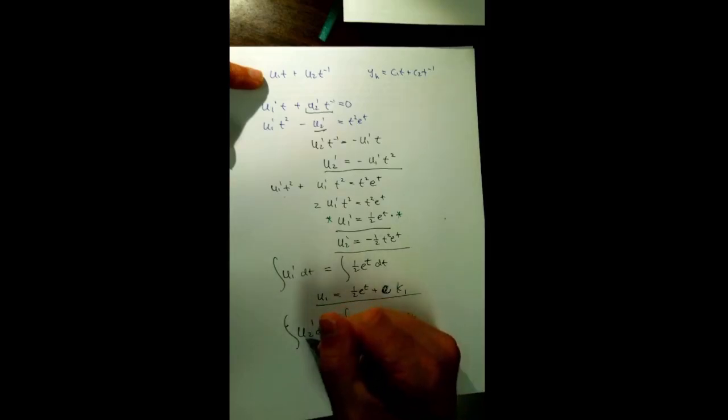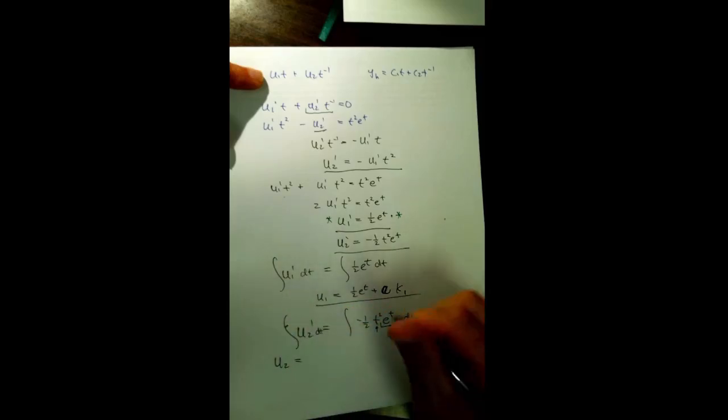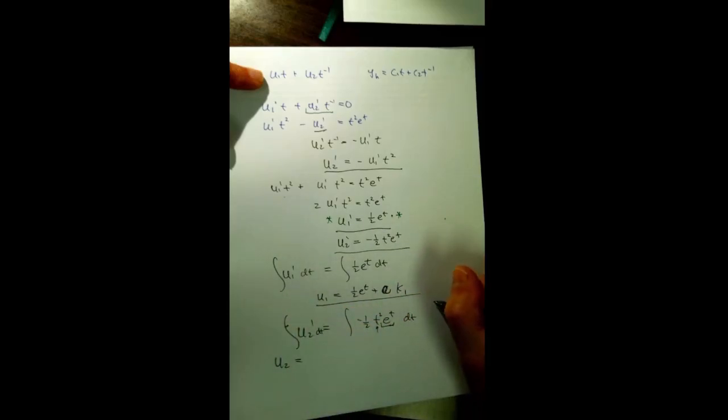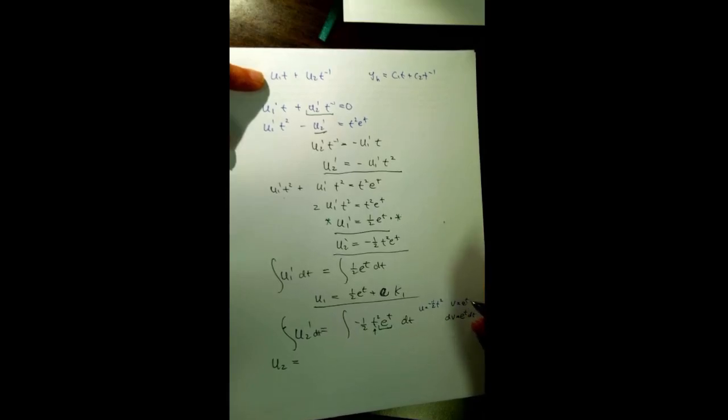So I get the antiderivative of u2 prime is u2. And what did I just say? I said that my dv is going to be e to the t. All right, once I do that, that defines my u. So it's everything that's left. And now I just got to follow through. So antiderivative of e to the t, be careful, that's dt, is e to the t. Derivative of minus 1/2 t squared is going to be minus t.